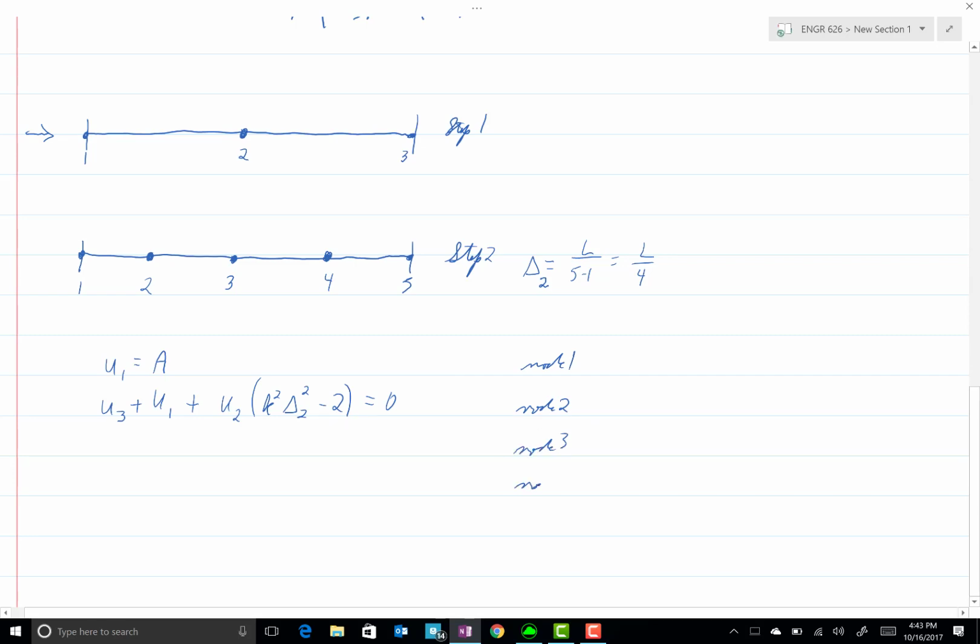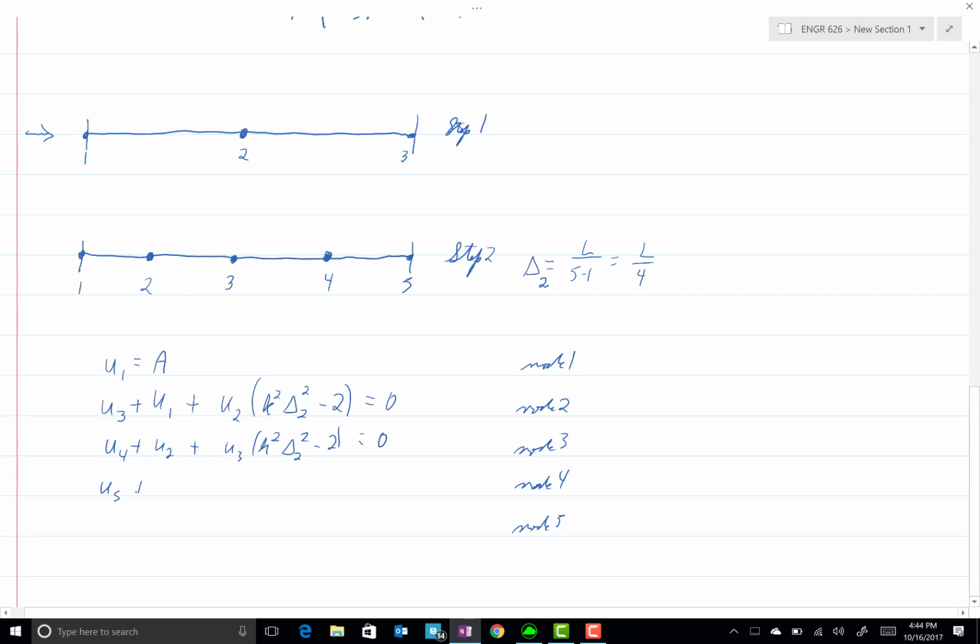We're also going to have an equation at node 3, node 4, and node 5. And those will be easy. This will be, at node 3, we have U4 plus U2 plus U3 times k squared delta 2 squared minus 2 is equal to 0.